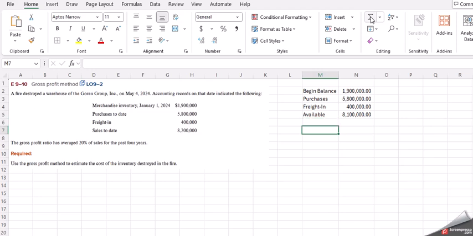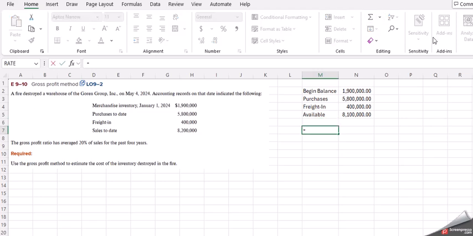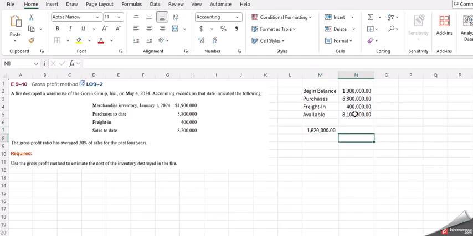So then we would have to take what was available and multiply it by that 20%, and then add that profit to it.